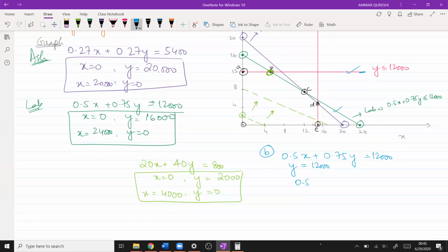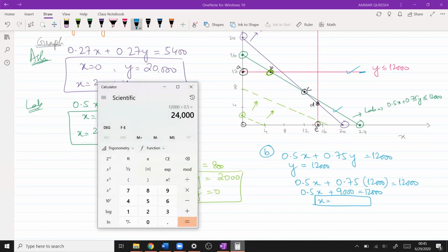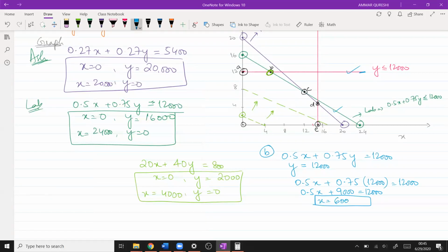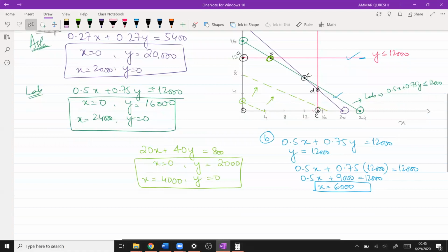So 0.5 of X plus 0.75 into 12,000, which is 9,000, equals 12,000. 12,000 minus 9,000 is 3,000. 3,000 divided by 0.5 is simply 6,000, right? So at point B, X equals 6,000 and Y equals 12,000.